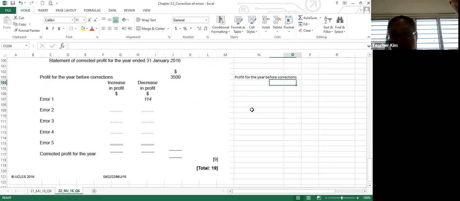Here they put the two columns, increase in profit and decrease in profit, this is the adjustment amount.